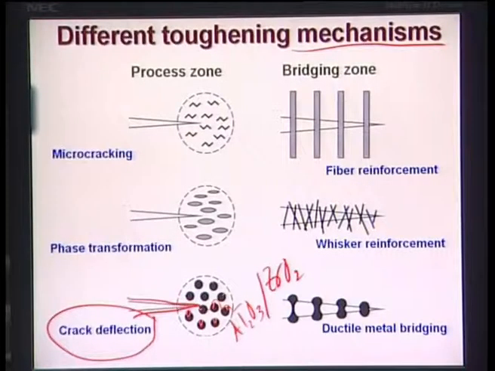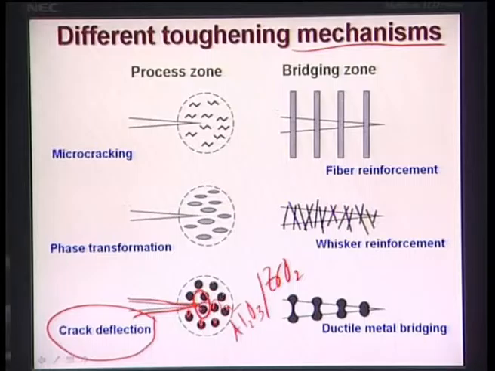So if you go back to the slide now, you will understand that when there is a particulate reinforced composite, the crack tip is always associated with some stress intensity, because at the crack tip the total stress experienced is much larger than the externally applied stress. Therefore the crack will find its easy way if it propagates along this direction.